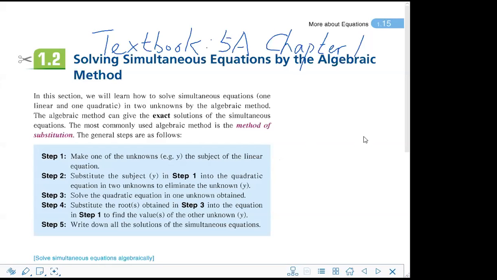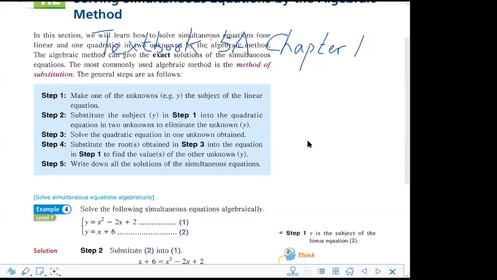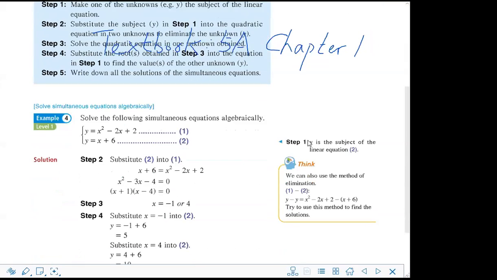So in this chapter, the topic will be solving simultaneous equations, which means that we will have equation 1 and equation 2, but one of the equations will be a quadratic equation, that is involving a square term.